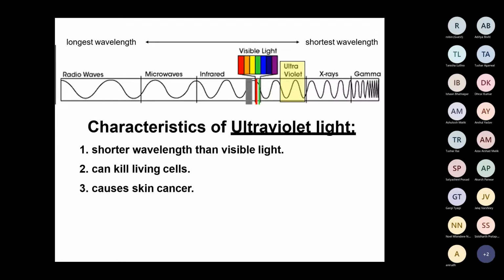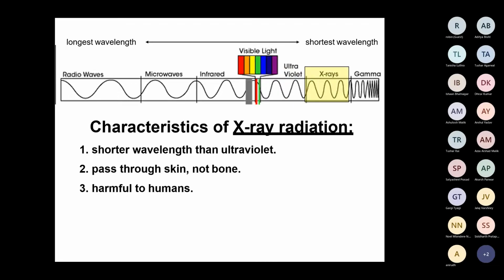Ultraviolet light: shorter wavelength than visible light, can kill living cells, causes skin cancer, right? So these are the harmful rays. Ultraviolet light, lasers and X-rays are harmful for humans. Characteristics of X-ray radiation: shorter wavelength than ultraviolet, passes through skin, not bone.